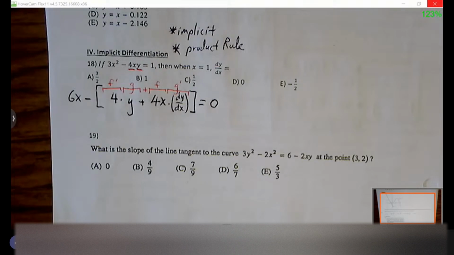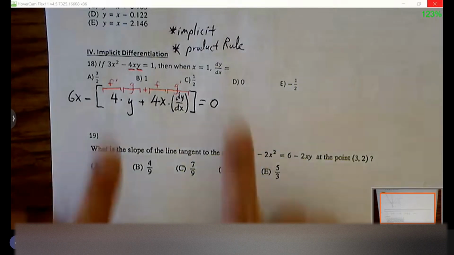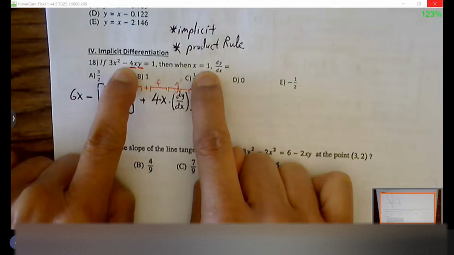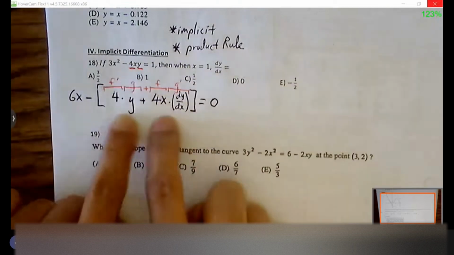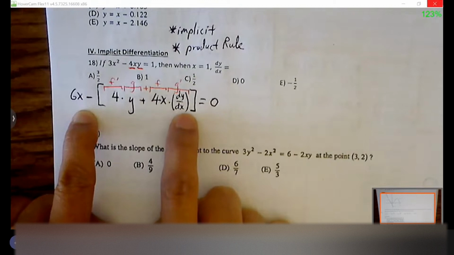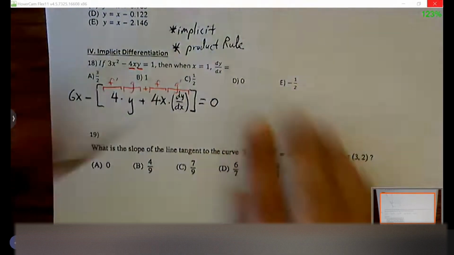But here, they only give you the x value, so we have to spend additional effort to get to the y value. So what can we use to get to that y value? The original. Yeah, the original equation is how we're going to get the ordered pair. So we're going to enter 1 in for x. We can solve for y. Once we have y, then we have everything that we need to enter in and solve for dy/dx and get to a slope numeric value. Okay.